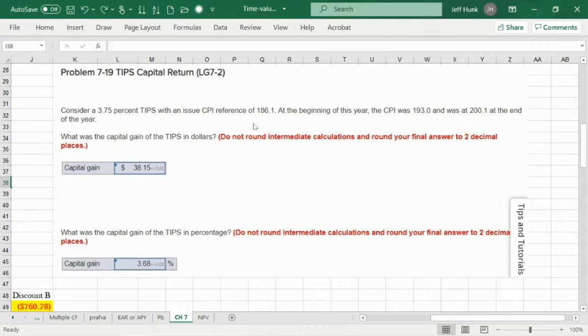The base year is usually 1984. 1984 is the base year, and that has been so for a long time. 1984 was the 100 base.